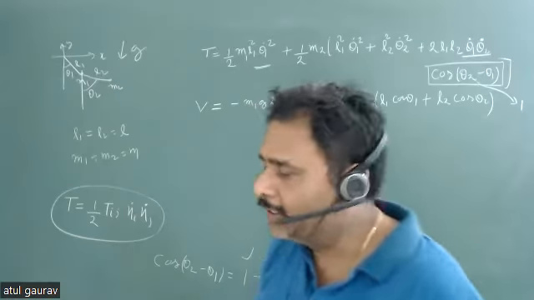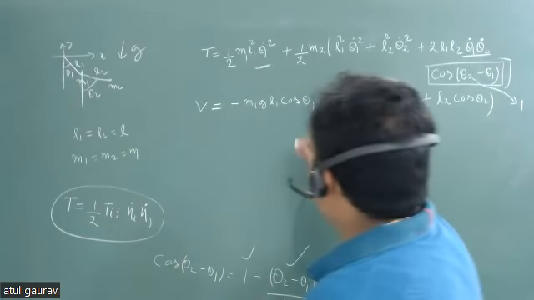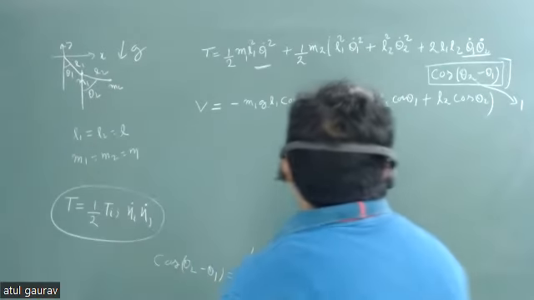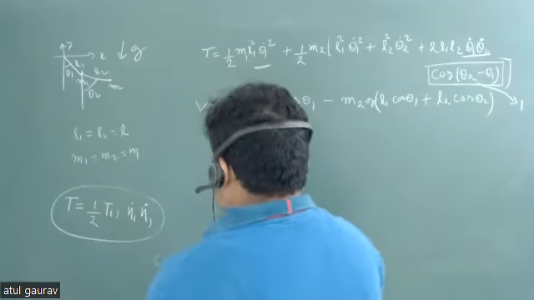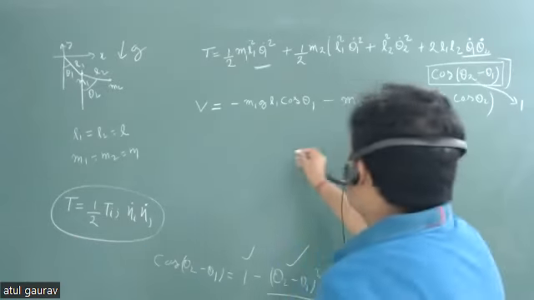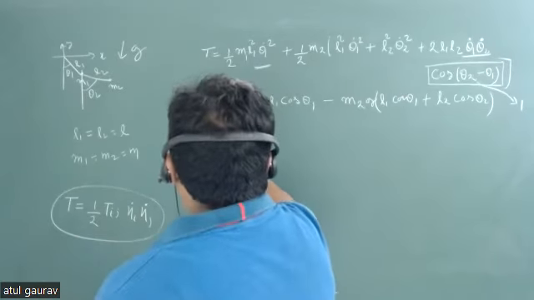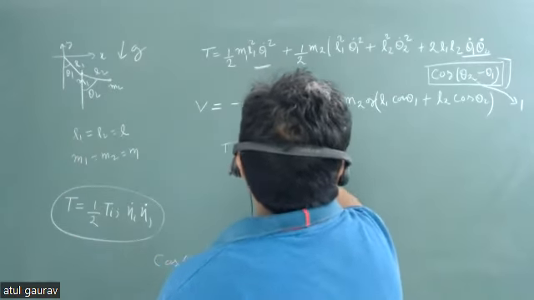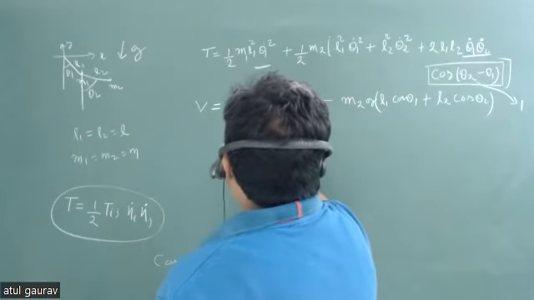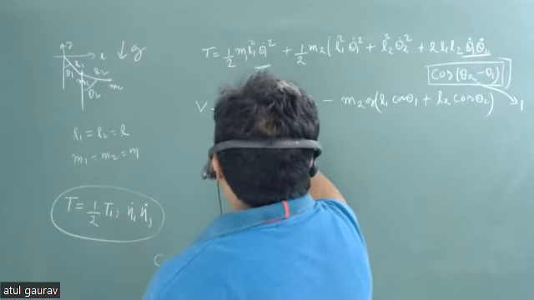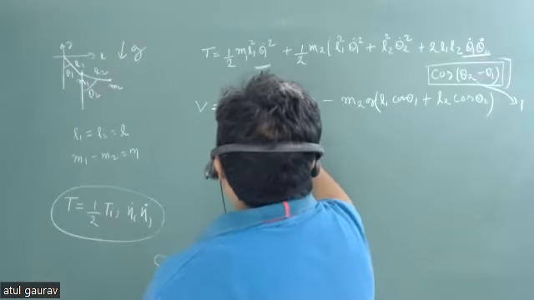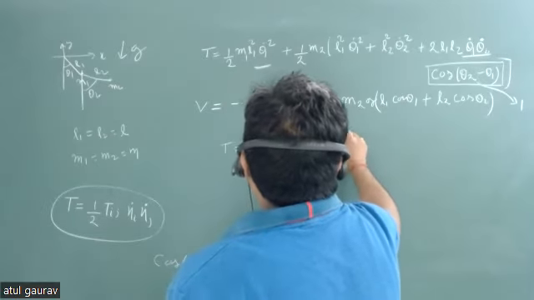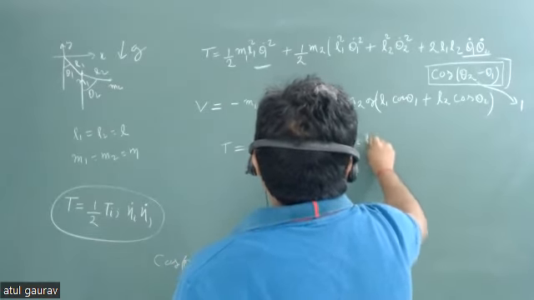So this is interesting. Now, what about potential energy? My kinetic energy is basically, I will use this space, let's write the kinetic energy in this space. So after this particular approximation, my kinetic energy is, I will take θ1 dot square common, and we have m1 L1 square plus m2 L1 square.